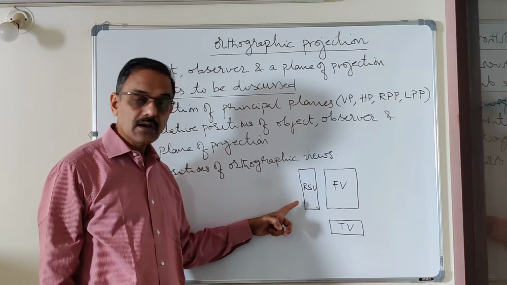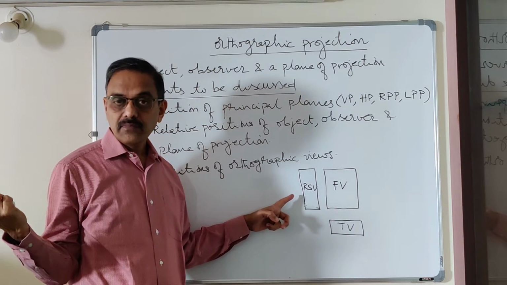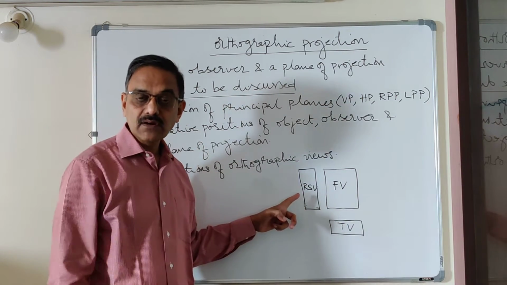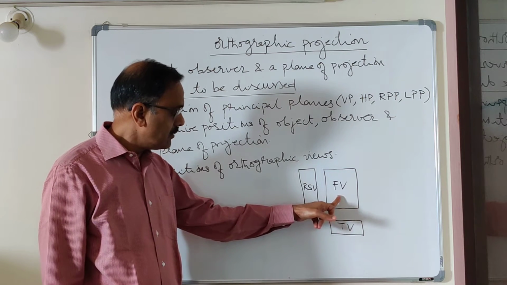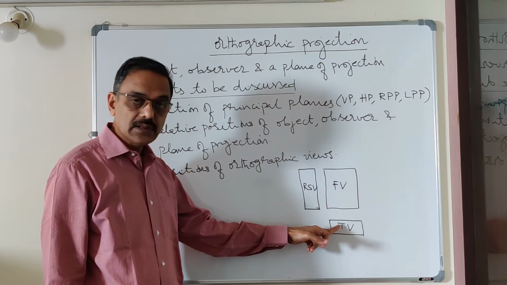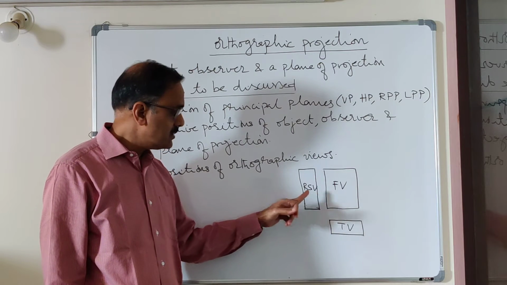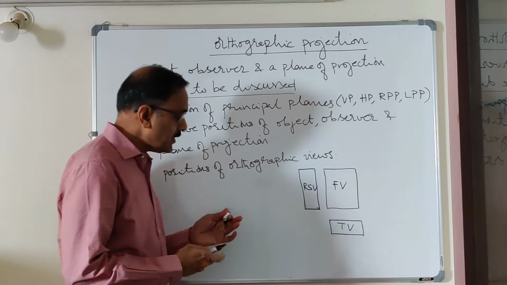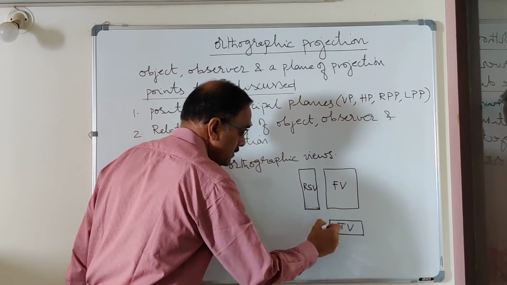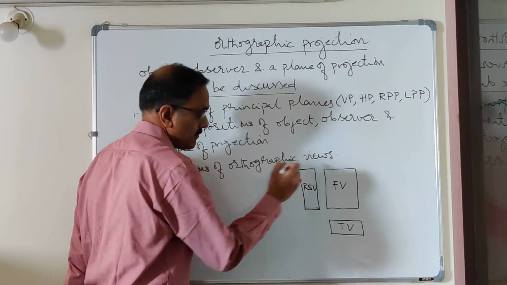Then this was obtained on the left wall when the observer was on the right side of the object. So this was obtained on the front wall, this on the ground, the horizontal plane, and this on the left wall. This alignment is important.